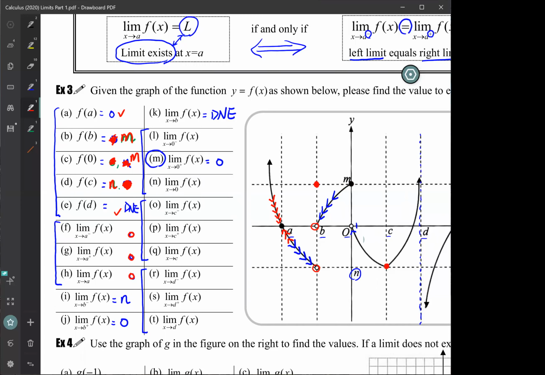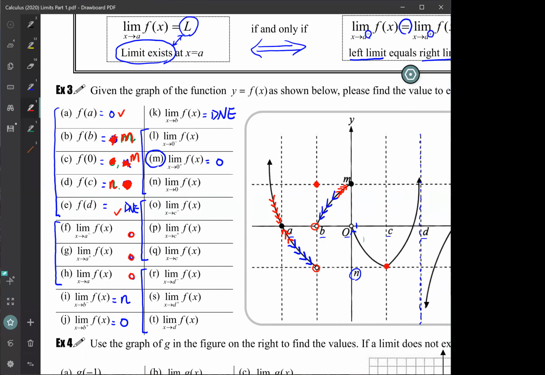Left side. Okay, so x equal to 0 is here, right? Left side will be this line. Do you see the red I'm drawing? Right, so it's approaching 0 from the left side.